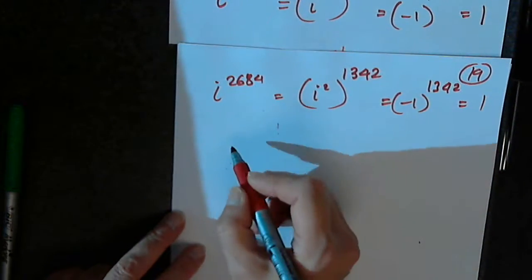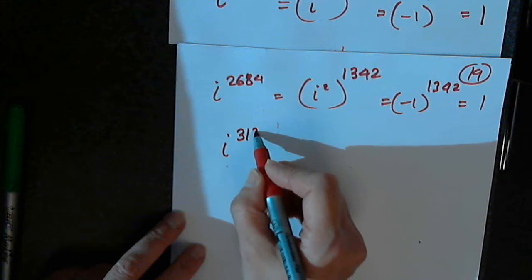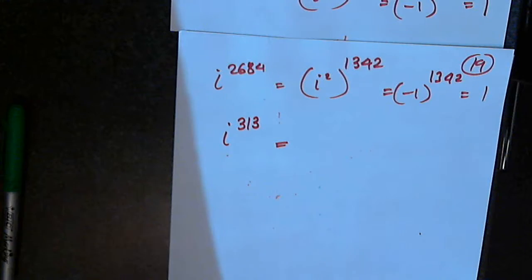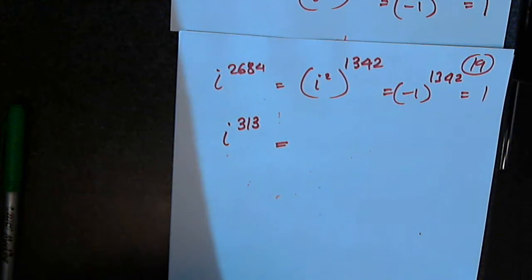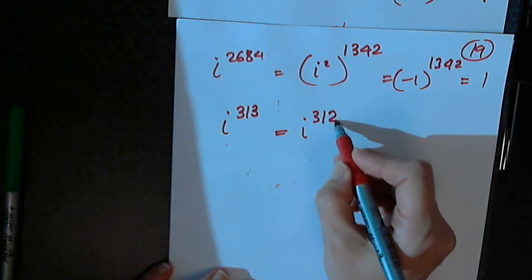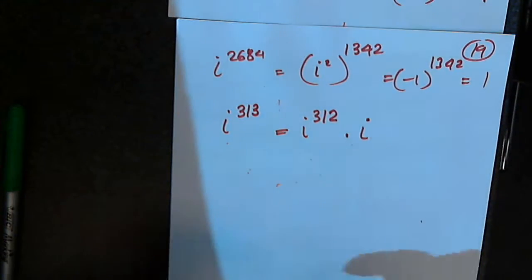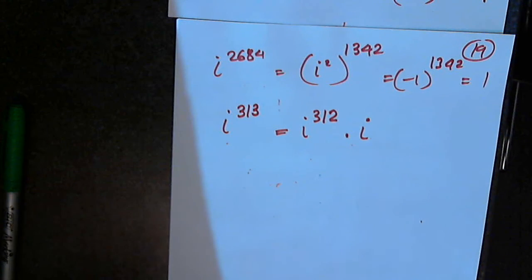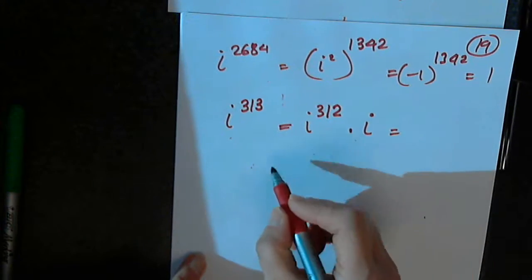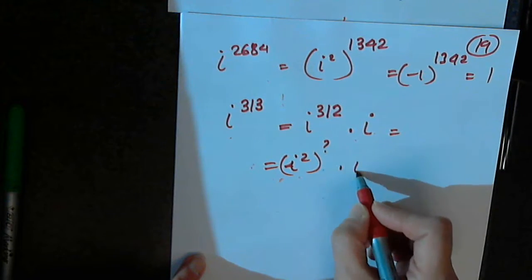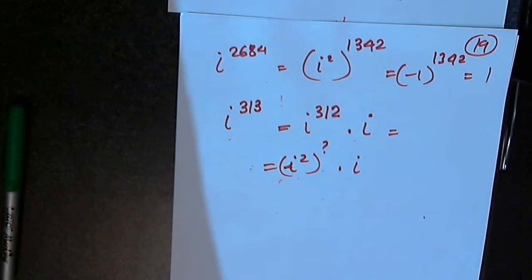Okay, now allow me to choose i to 313. Well, 313 is not divisible by 2, so I have to split it into i to 312 times i. Is i to 312 times i the same thing as i to 313? Good. Now I can work on the first one and write i squared to some power, but the other i has to stay.